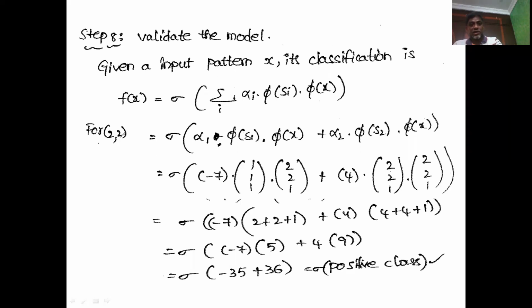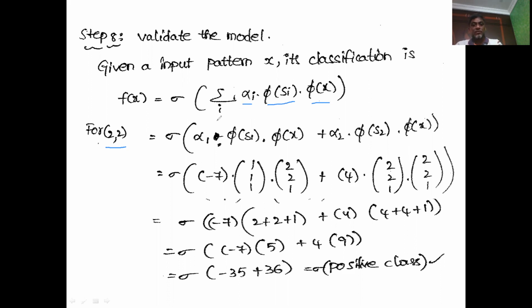I am taking 2 comma 2 for testing purpose. So f of 2 comma 2 I will take. The formula is sign of summation over i of alpha into phi of Si into phi of x, where alpha is our Lagrange terms, phi of Si are the augmented support vectors, and phi of x is the augmented input pattern.